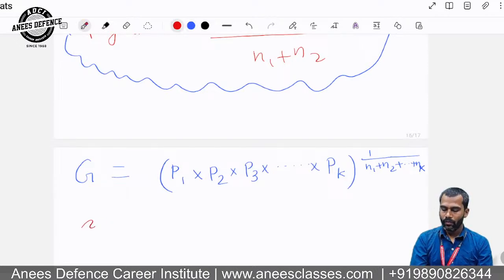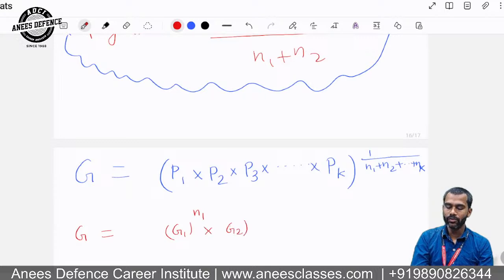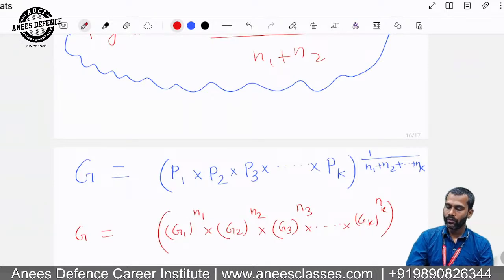Understood? Now, P1 can be written as G1 raised to N1. P2 can be written as G2 raised to N2. P3 can be written as G3 raised to N3. I'm generalizing it, so on into GK raised to NK, and to the power 1 over N1 plus N2 plus so on plus NK.